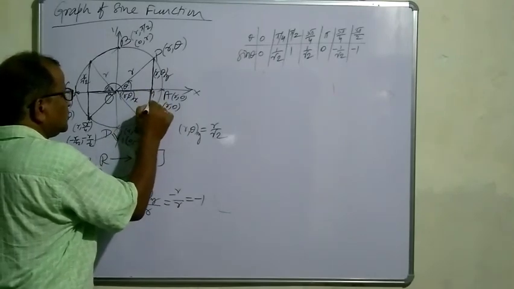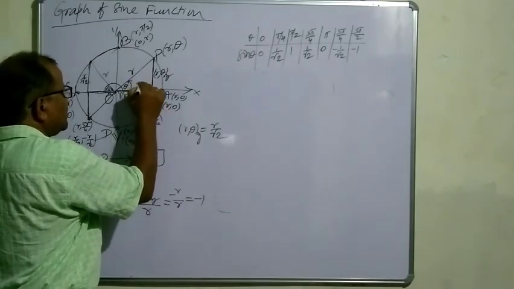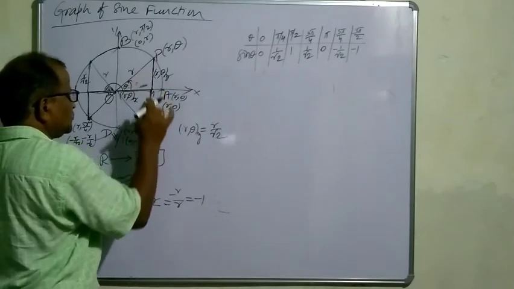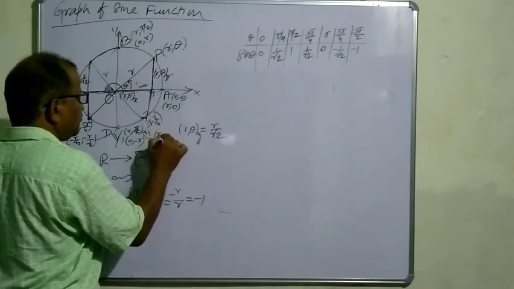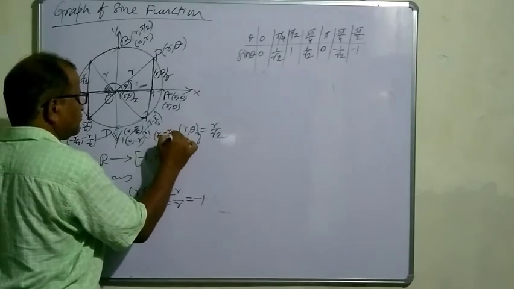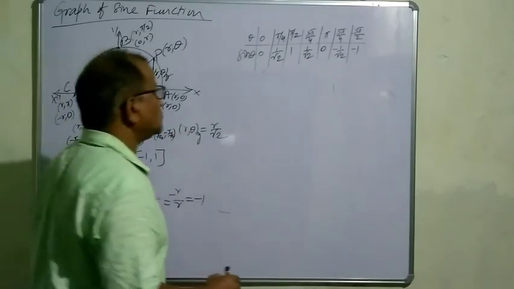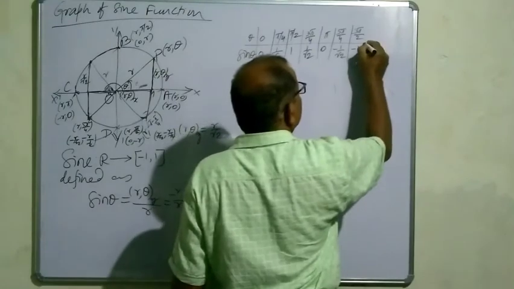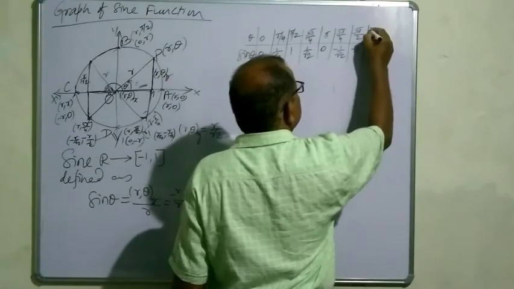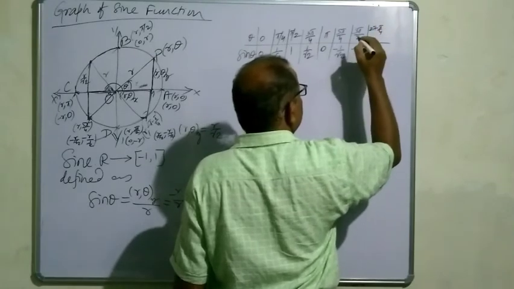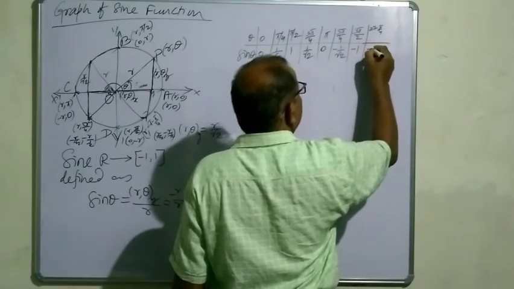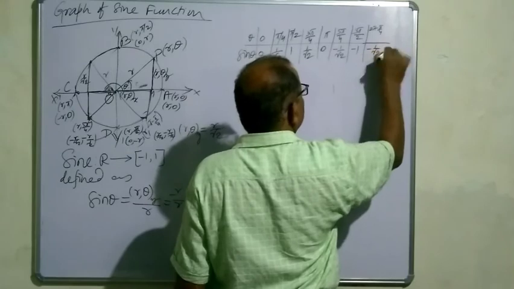So this is also equal to r by root 2. Yes, the coordinates will be r by root 2, minus r by root 2. That means its value, for 2 pi minus pi by 4, will be equal to minus 1 by root 2.